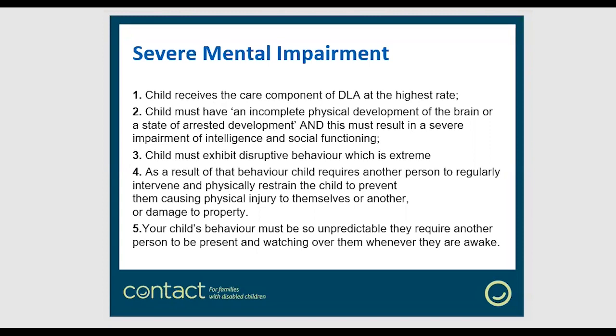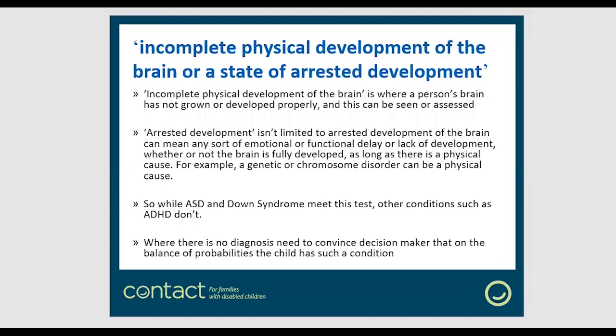watching over them. So the second of those tests, it's quite a complex clause because it's got two parts to it. The first part is kind of like a diagnostic test, I suppose. So you need to show that the severe mental impairment that your child has, the impairment of intelligence and social functioning, results from a specific type of condition.